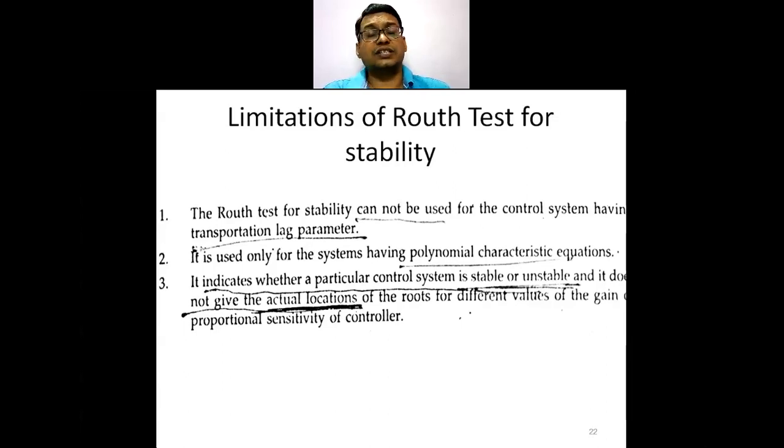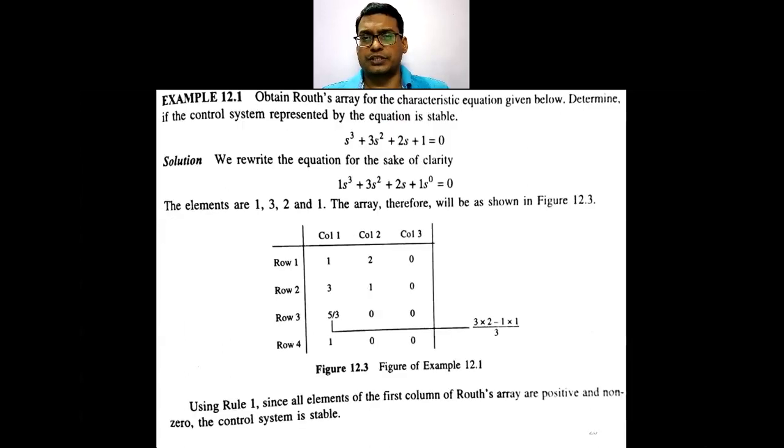What the value of the root is, that is not obtained from this Routh test. So these are the limitations of the Routh test.